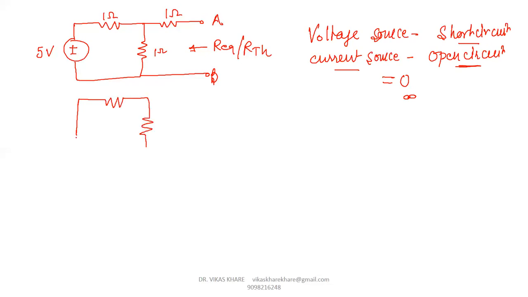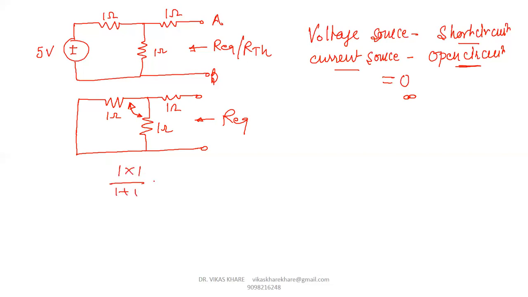So now the next circuit is just like this: 1 ohm, 1 ohm and 1 ohm. In this case, this one and this one are connected in parallel. So 1 into 1 divided by 1 plus 1 is equal to 1 by 2, which is equal to 0.5 ohm.